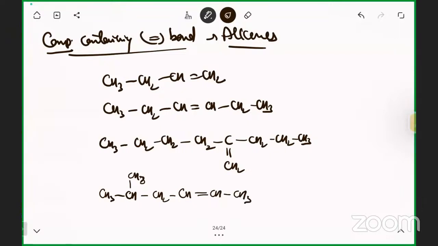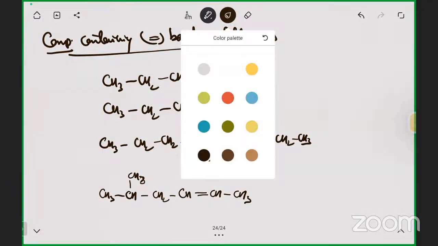Okay, first one. I think probably you have done this in class 10th also. In the first example, you'll give priority to the double bond. From everywhere, you have to give priority to the double bond right now. Tell me, name of the first compound is?